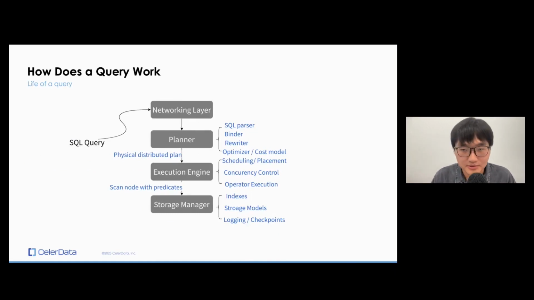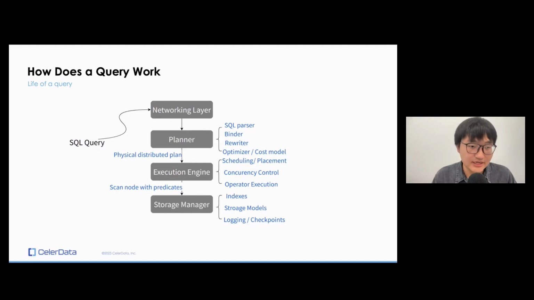So you have your SQL query, right? And it hits a network layer. And the network layer sends the SQL query to your planner. And your planner reads the SQL query and tries to understand it and come up with a physical plan, a physical distributed plan in our case, right? And the plan is sent to the execution engine, and the execution engine scans the data from the storage engine, right?